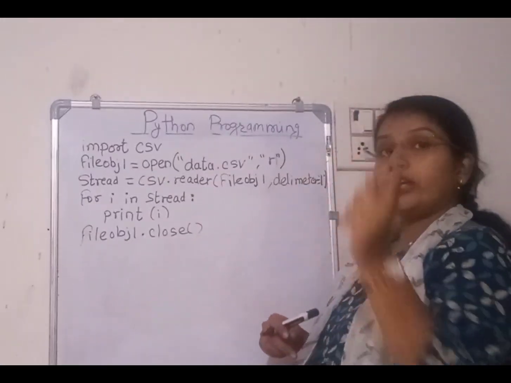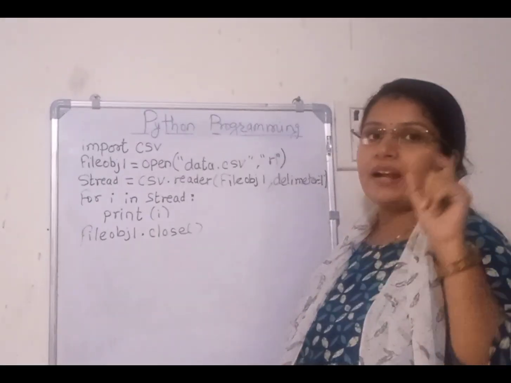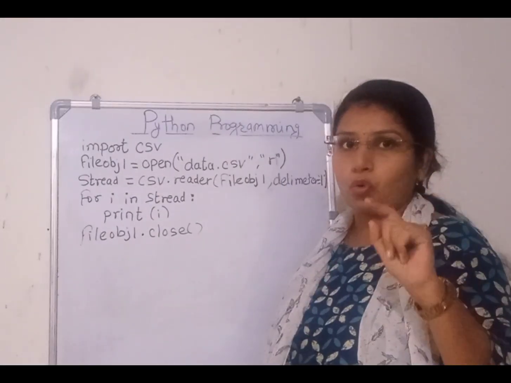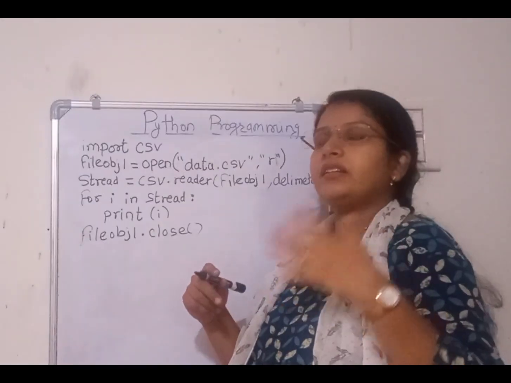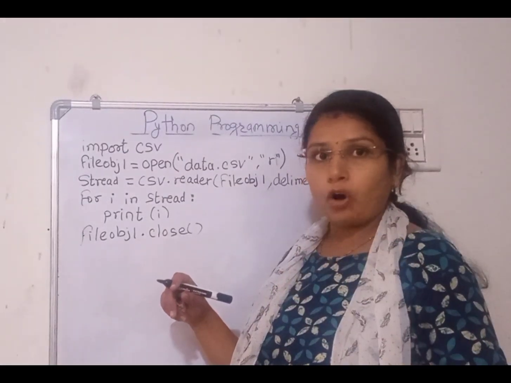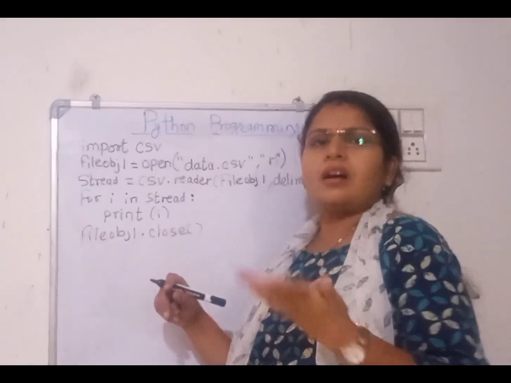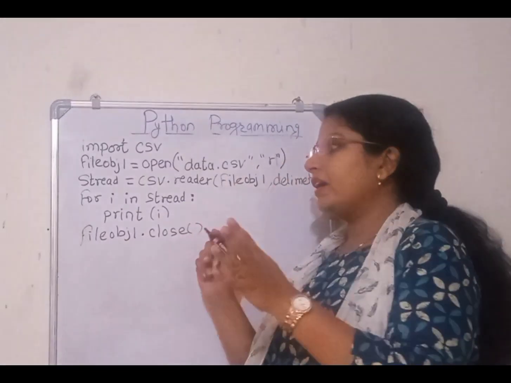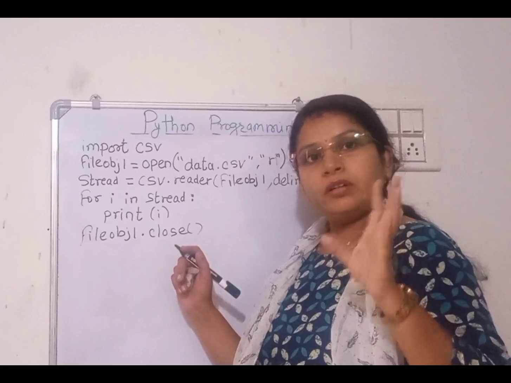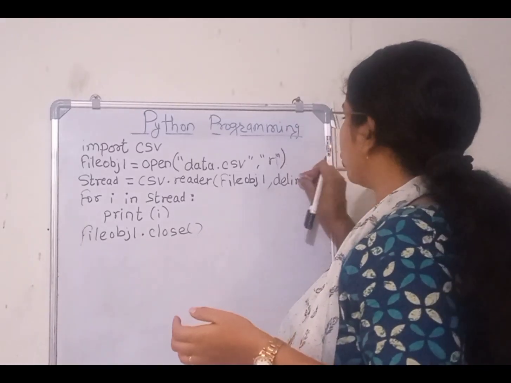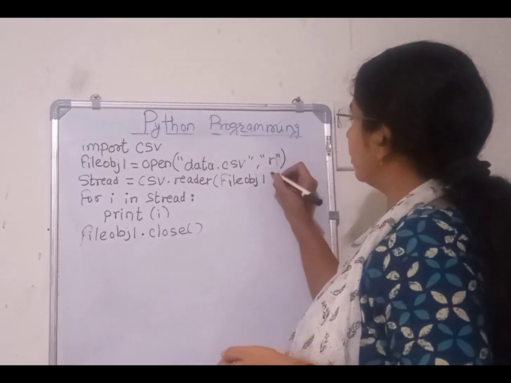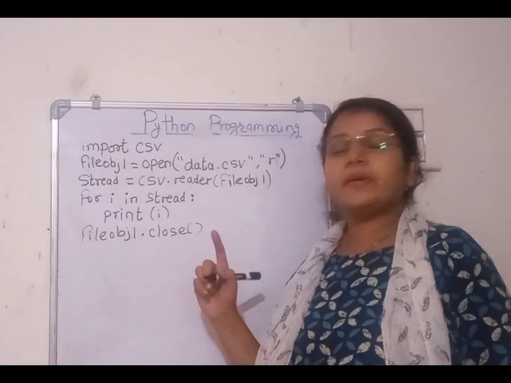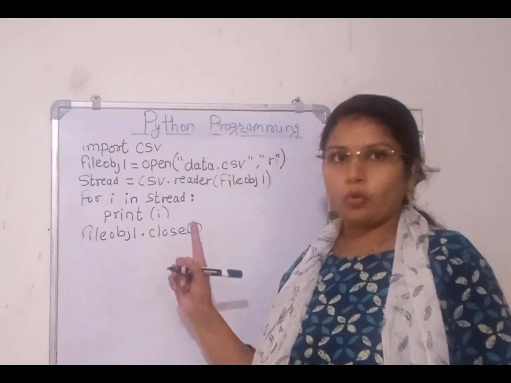So delimiter equal to, and mention that character in single or double quotes, so that the system will understand that in this file the delimiter is not comma but another character. And if the delimiter is comma, then you don't need to mention it, because comma is the default delimiter. So your parameter will be file object 1 only.